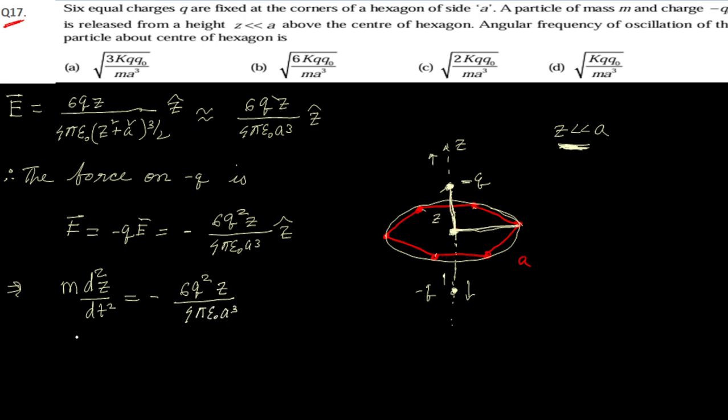Now if we divide both sides by the mass, we get d square z by dt square equals minus 6q square divided by 4 pi epsilon naught a cube m, into z.